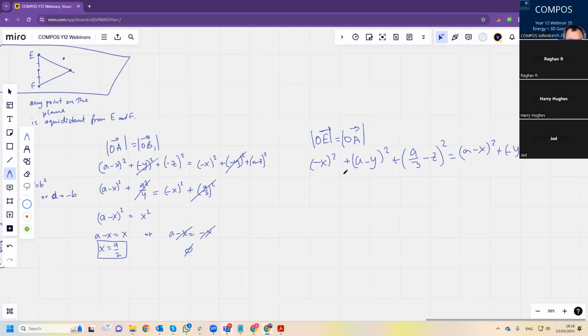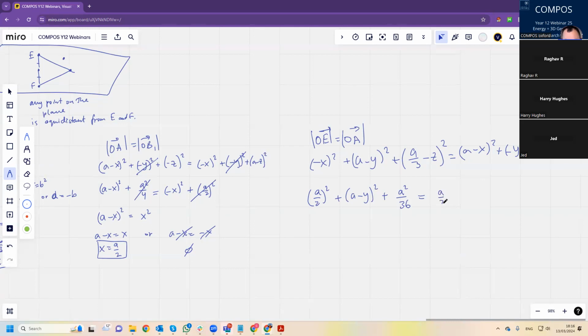Well, we know a, we know x, so x is a over 2 squared plus a minus y squared plus a over 3 minus a over 2. That makes it a over 6. So a squared over 36 equals a minus a over 2.